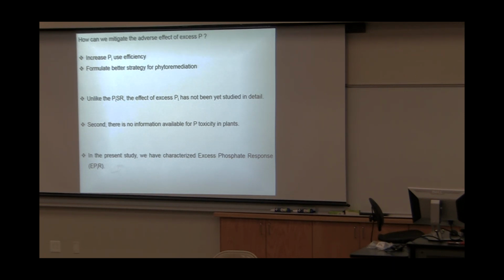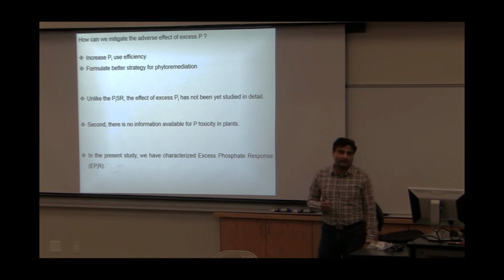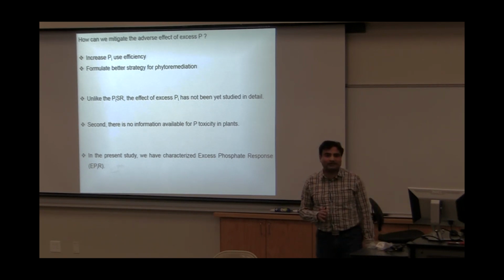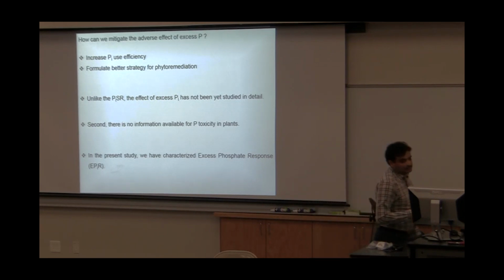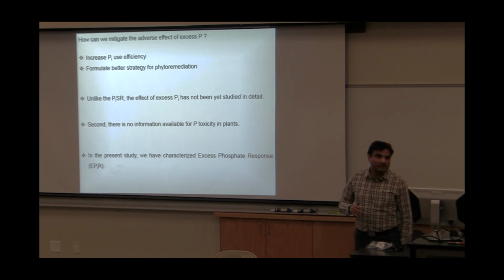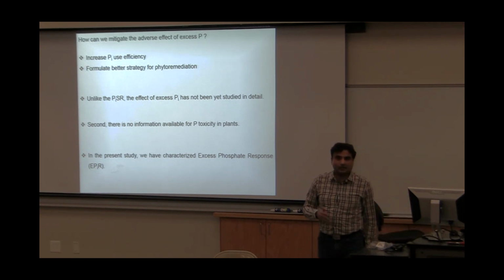But the problem is, unlike the phosphate starvation response, there is no study of the excess phosphate response or characterization of plant responses under excess phosphate. Also, we know how iron creates toxicity and how zinc creates toxicity, but there is no information on how phosphorus causes toxicity when it increases.